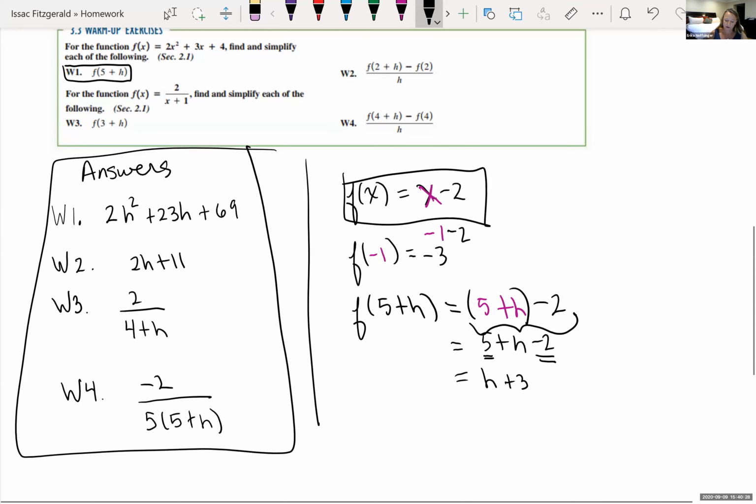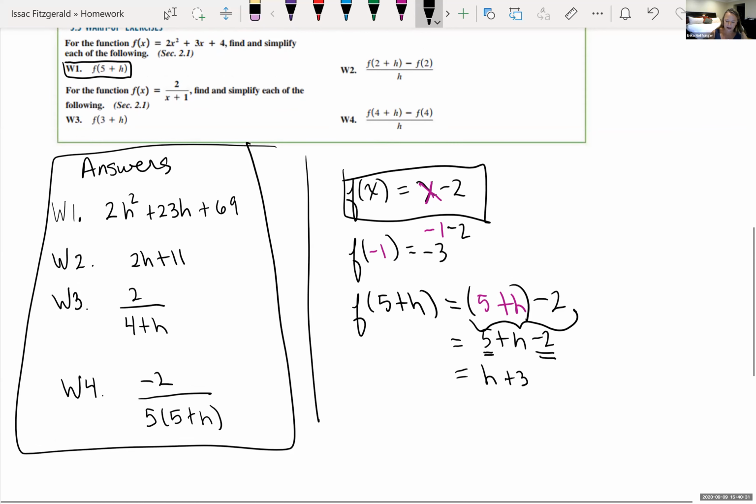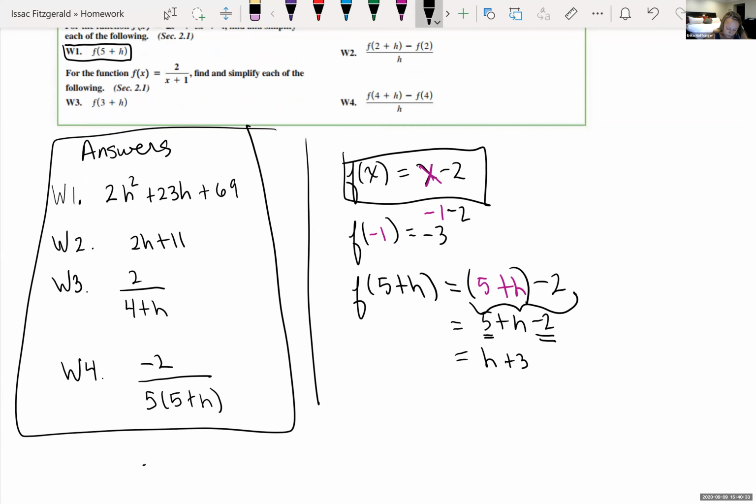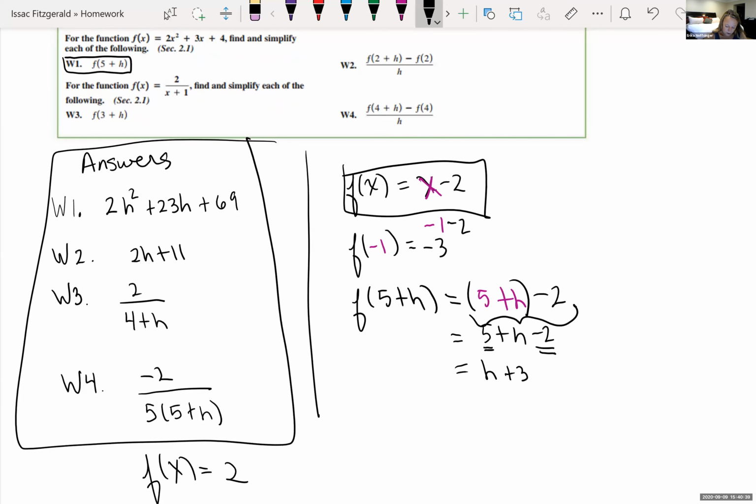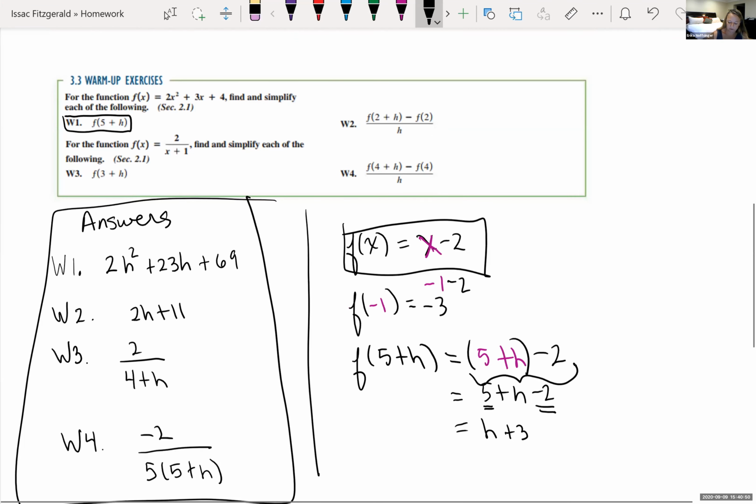So we have f of x is equal to, and I'm going to write it down below so I have room, f of x is equal to 2x squared plus 3x plus 4. And we want to look at f of 5 plus h.